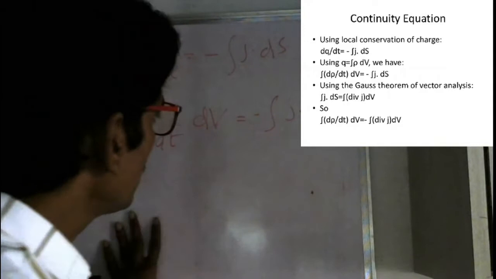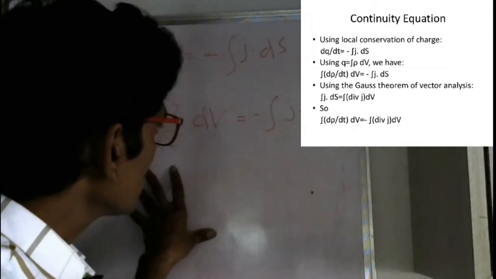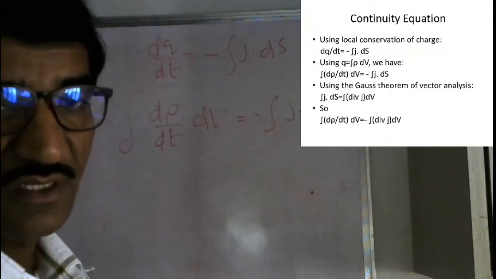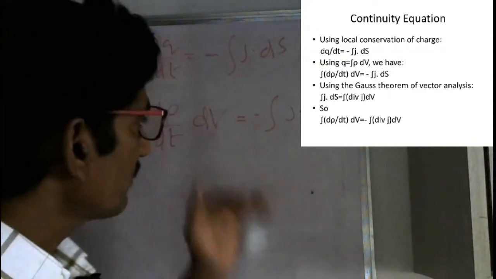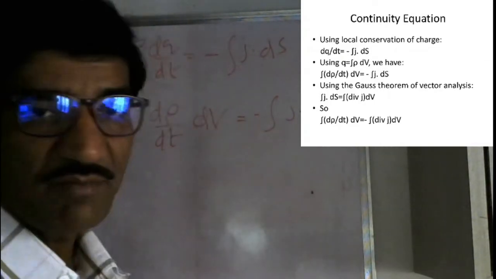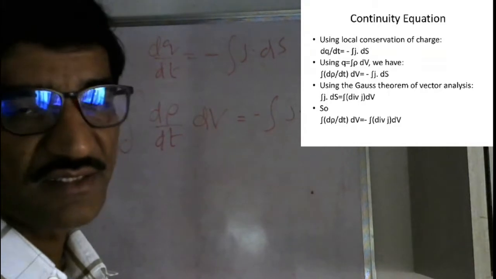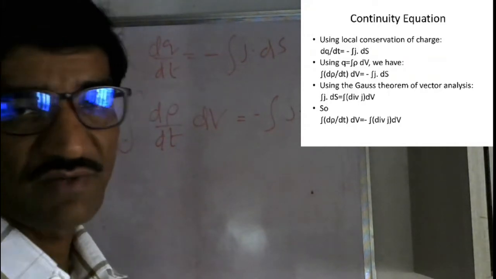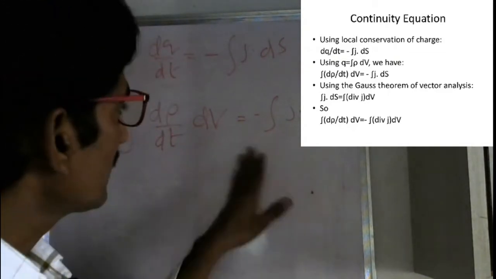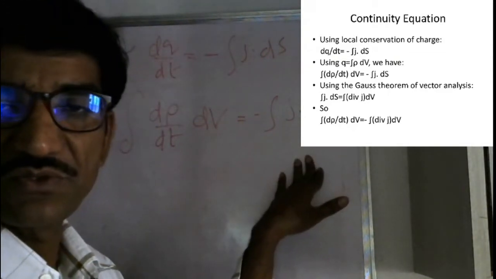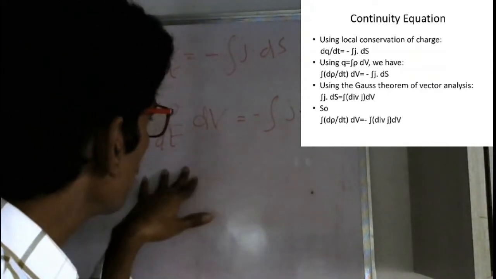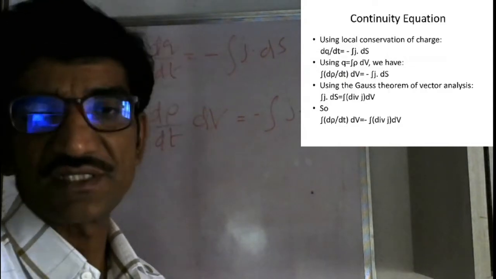On this side you have a volume integral, on this side you have a surface integral. Whenever we get the same type of integrals on both sides, simplification of the equation takes place. So let us convert this surface integral into a volume integral.